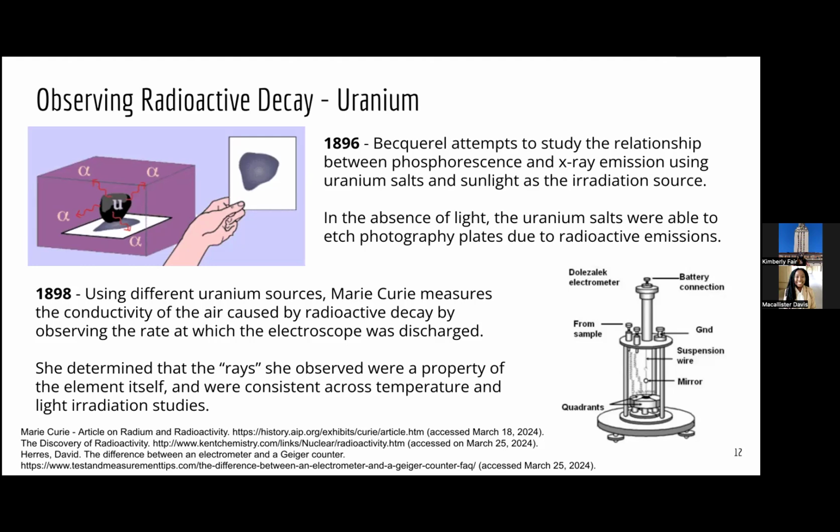She determined that the rays that were being observed were actually a property of the element itself, and were consistent across many different types of studies, and somehow left the nuclei seemingly unchanged. She would later go on to say that because of mass balance, there's no way that it was really unchanged, but rather was changing the nuclei so slowly that we couldn't observe it in real time. This would become the half-life phenomenon that I spoke about earlier.